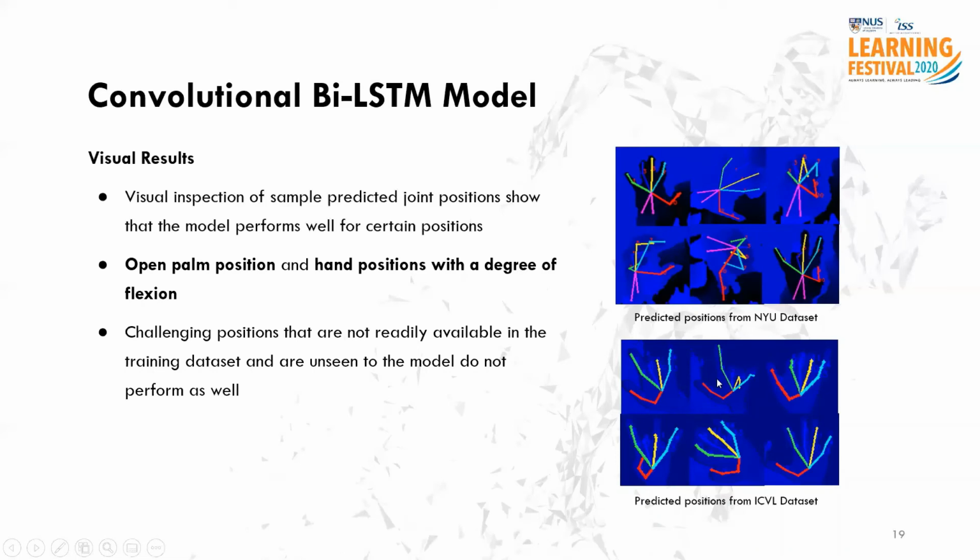One other interesting thing to note is that the model is also sensitive to the range of depth values. So the calibration step in the beginning, when you perform the image pre-processing, is important for the model to perform effectively.